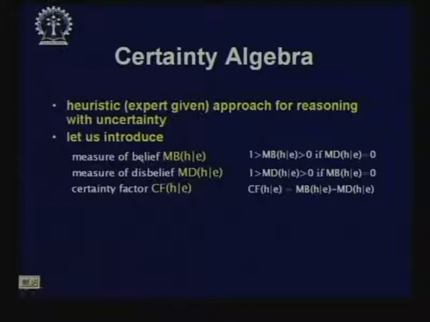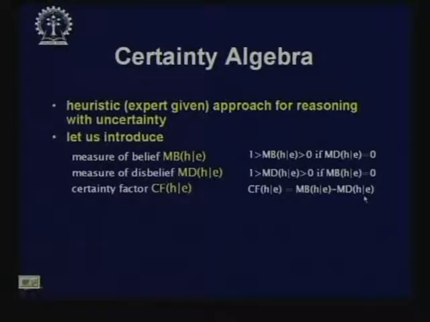So, measure of belief MB(H given E), what is that? It lies between 1 and 0. Okay. If MD of H given E is 0, it will be some number. Measure of disbelief is again between 1 and 0 when the other one is known to be 0, and certainty factor of H given E is MB minus MD, which we have just now discussed.